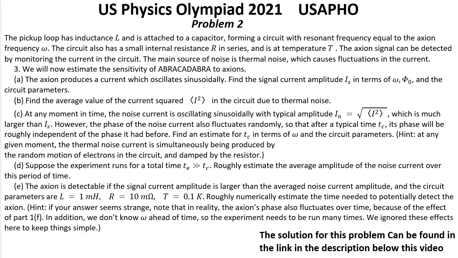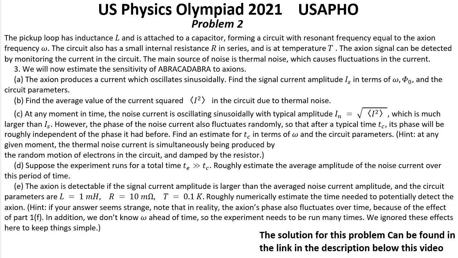C. At any moment in time, the noise current is oscillating sinusoidally with a typical amplitude I_n equals the square root of the mean of I squared, which is much larger than I_s. However, the phase of the noise current also fluctuates randomly, so that after a typical time t_c, its phase will be roughly independent of the phase it had before.